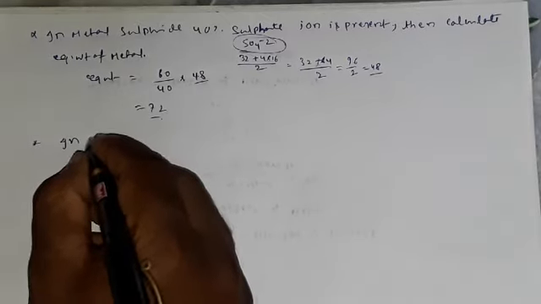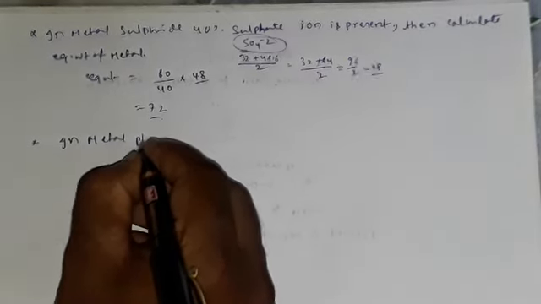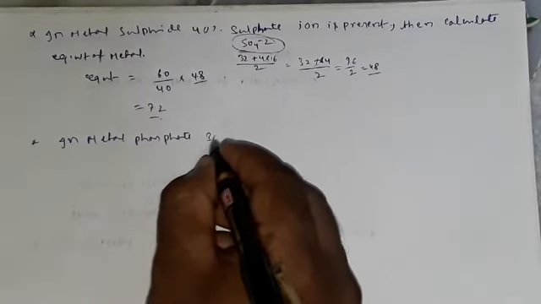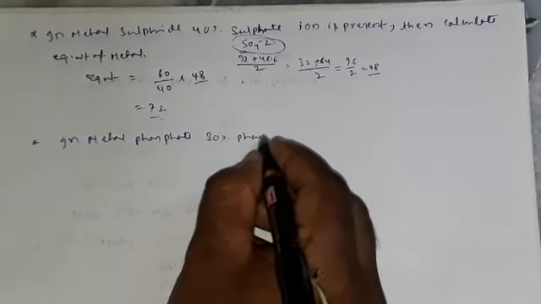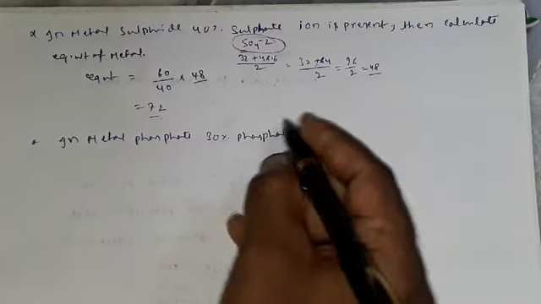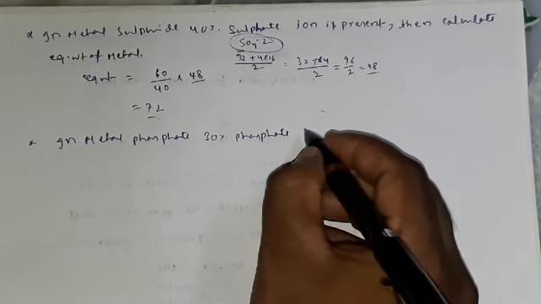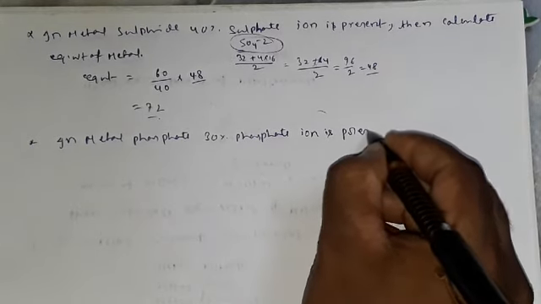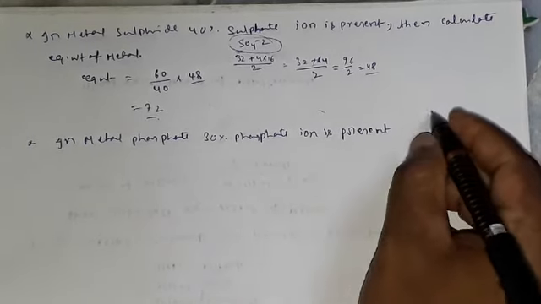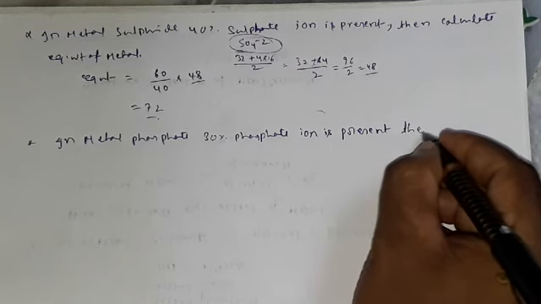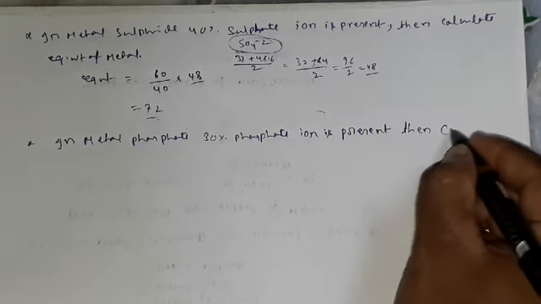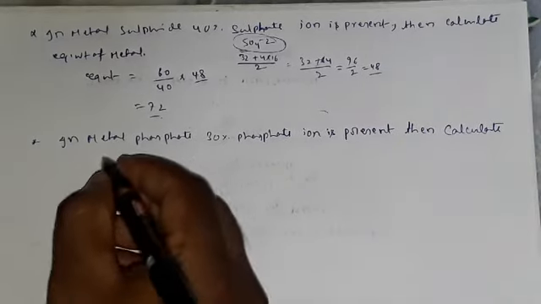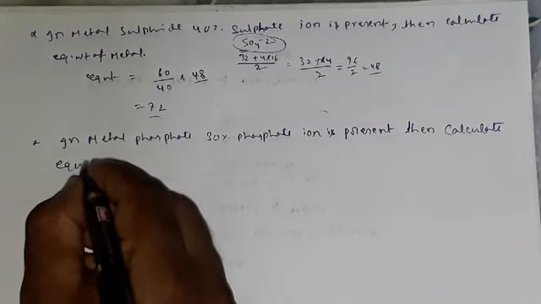Similar to that, in metal phosphate, 30% phosphate ion is present. Then calculate the equivalent weight of metal.